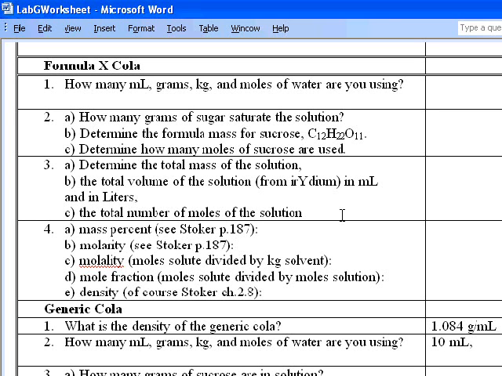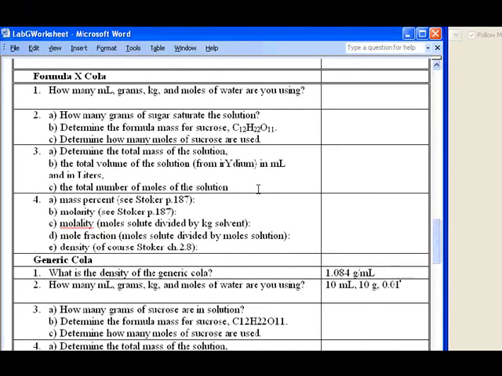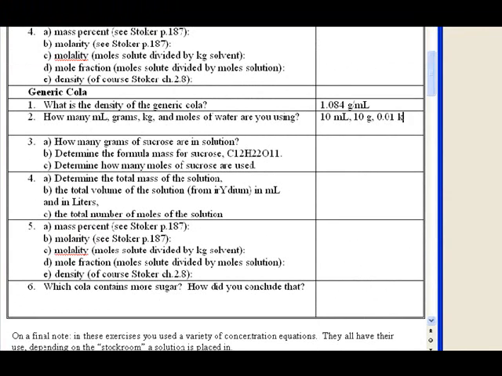And let's see, we have 10 grams of water, because the density is 1. We have 0.01 kilograms of water. And now we have to see, how many moles do we have?